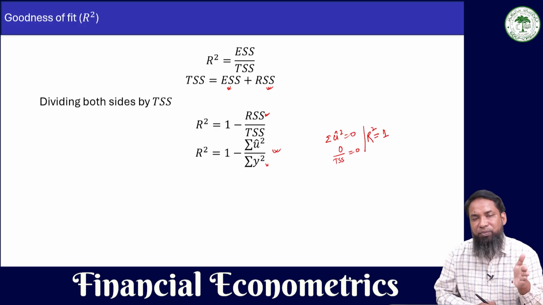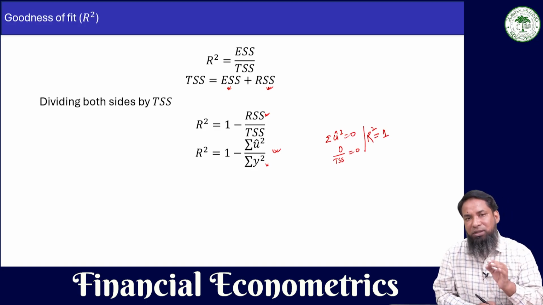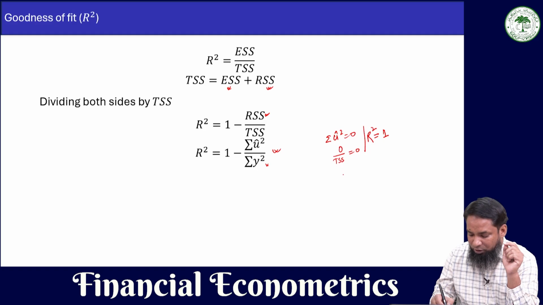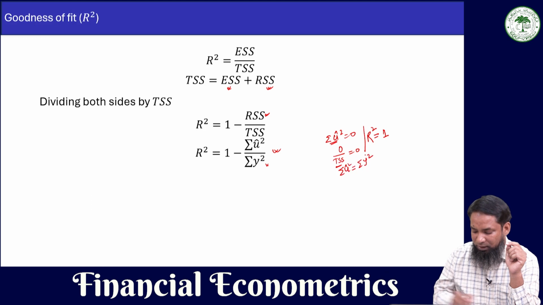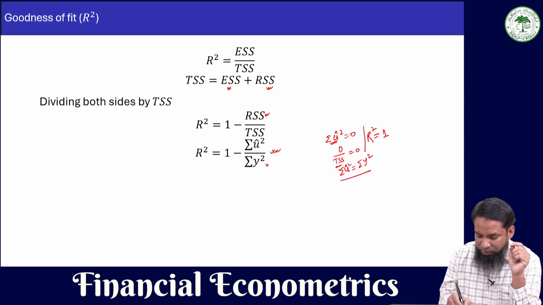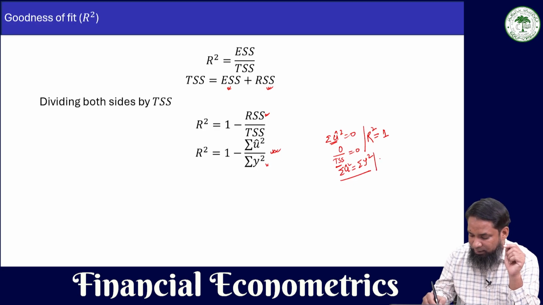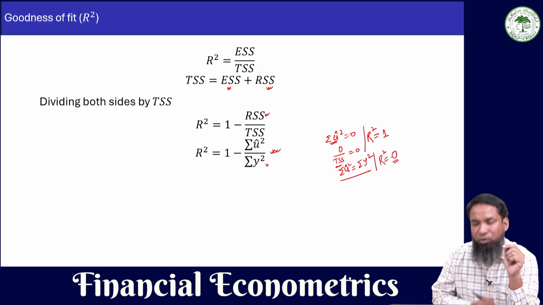Another extreme case will be where the regression equation is not able to explain any variation in y. In that case, all the variation is equal to the residual. So the summation of u hat square is equal to the summation of y square. If that is the case, this particular term turns out to be 1, and then r square will be 1 minus 1, that is 0.